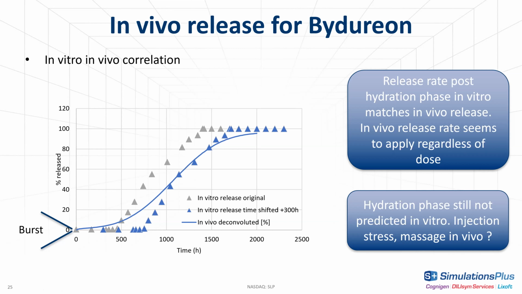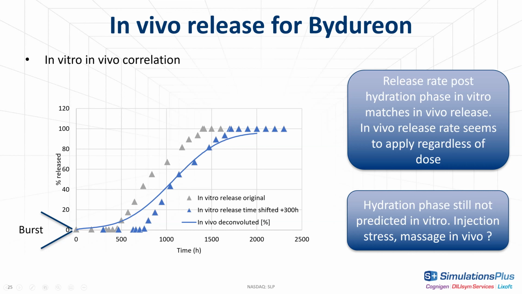For example, it's been reported that people massage the injection point after application of Bydureon, so that could increase the stress, increase the local blood flow and the local temperature, and start the release a bit prematurely compared to what happens in vitro.